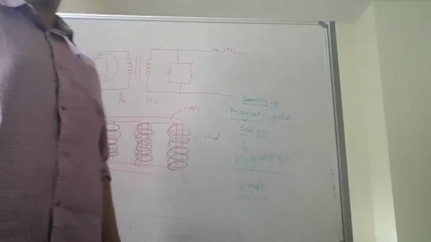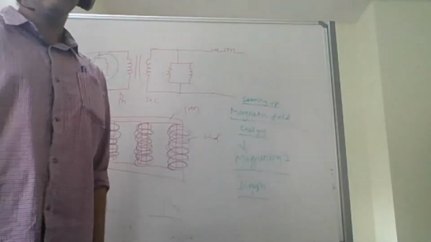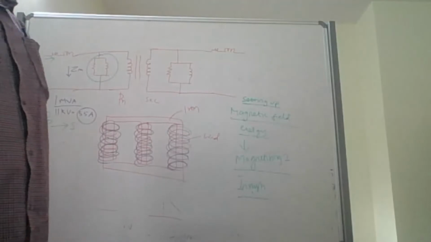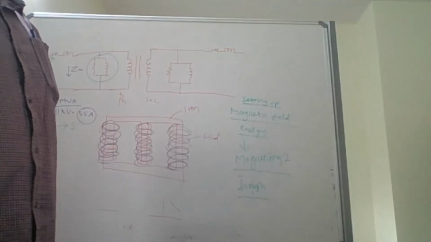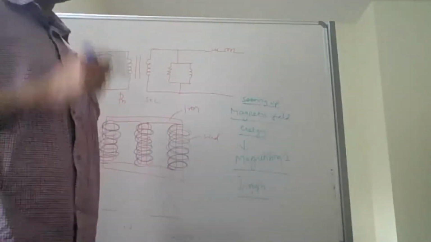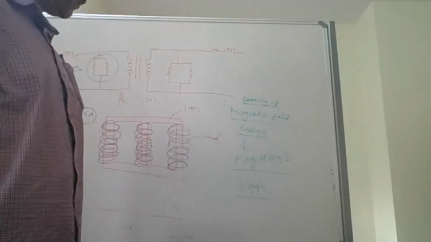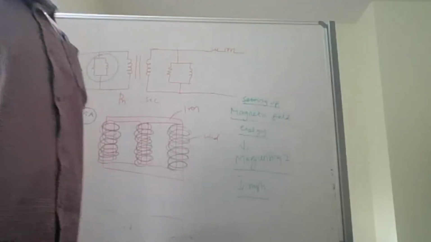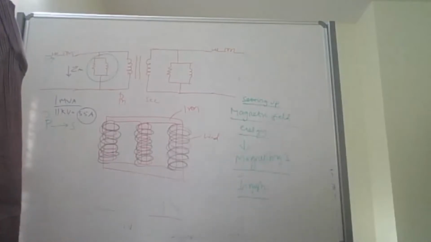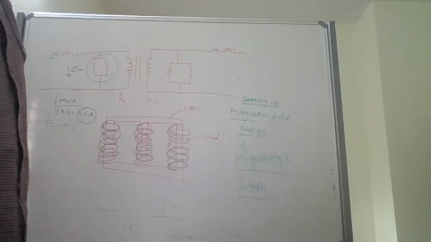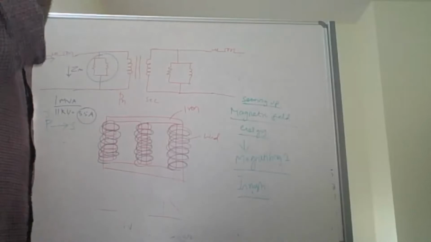Normally, what is the magnetizing current? It's the no load current, sir. Yeah, no load current. How much? No load current would be maybe 1% of your load current, sir. 1%, 5%, how much? Some 1% or something like that of your full load current.